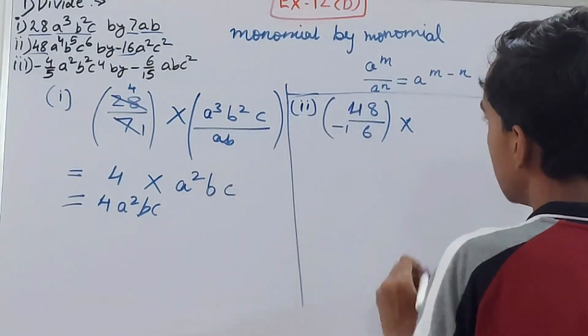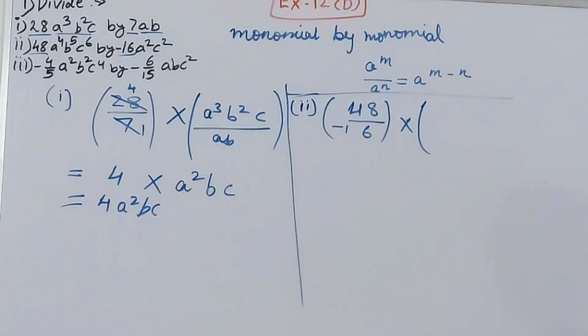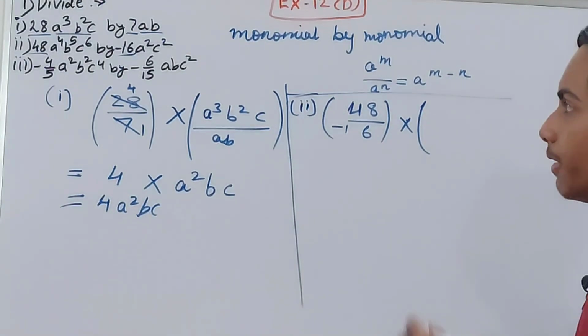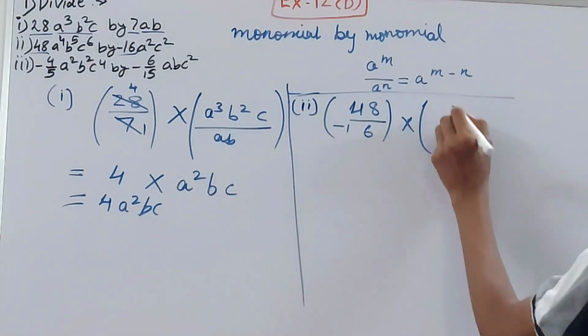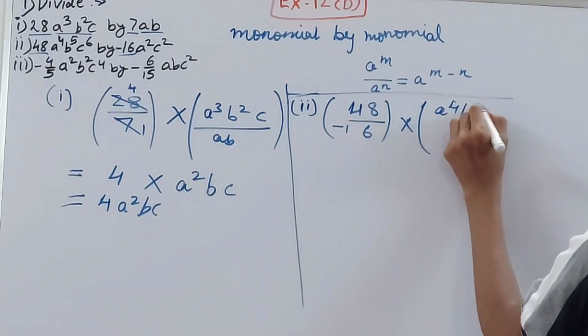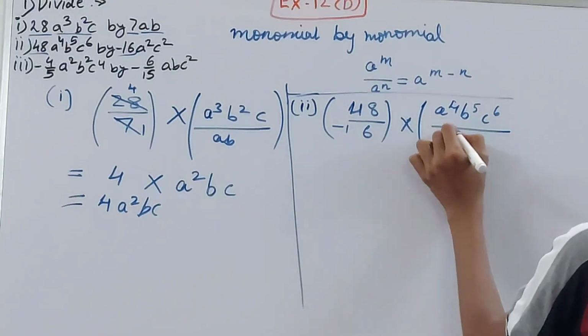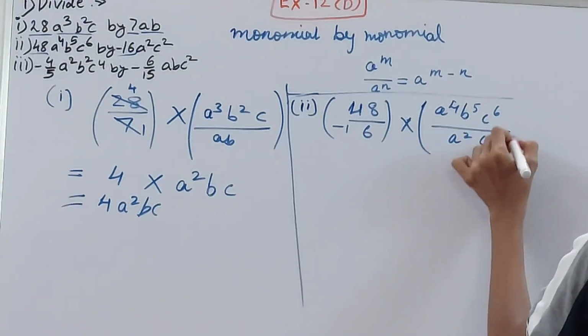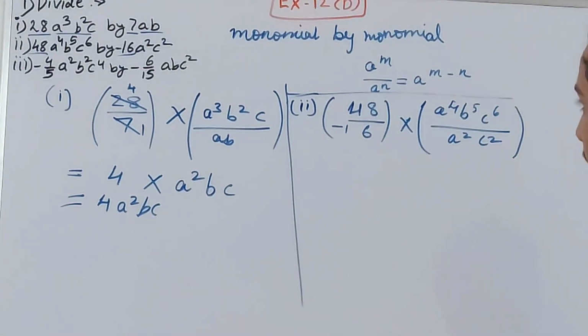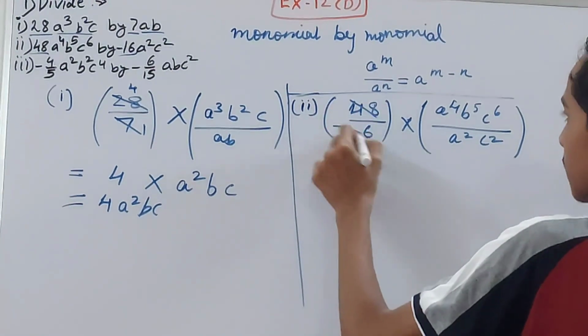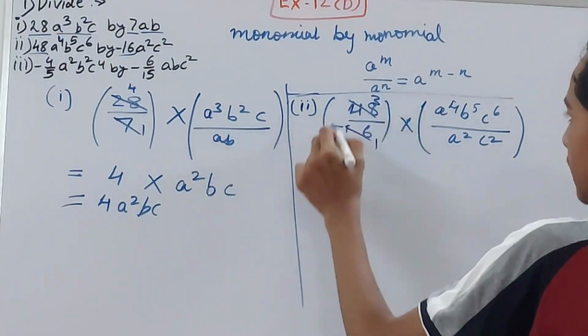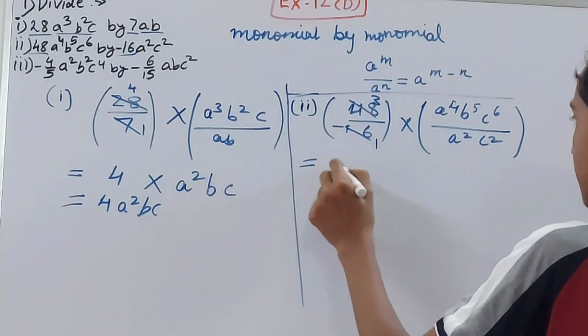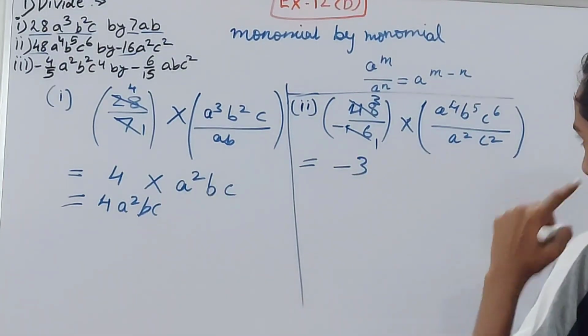There is a minus sign here, and in the other bracket you write down the variable parts. The first term has a to power 4 b to power 5 c to power 6. The second term has a square and c square. Now you can solve it easily. Now this will go and this will go, 1 and 3, but you should see the minus sign also, so we will have minus 3 here.